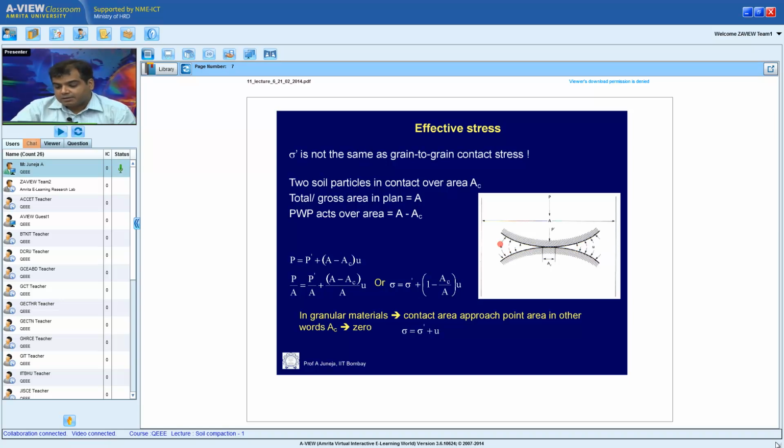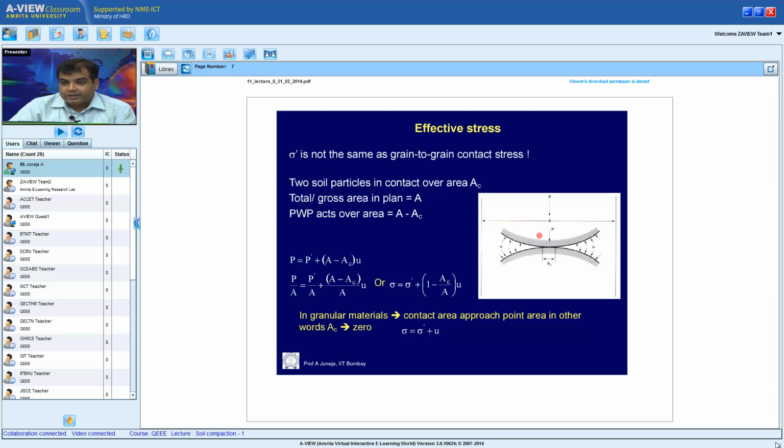Okay. So this empty space, if I fill with water and I induce pore water pressure over here, we have represented pore water pressure by small u in these slides. So small u is the pore water pressure in the area capital A minus AC.